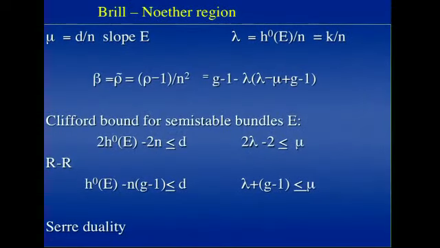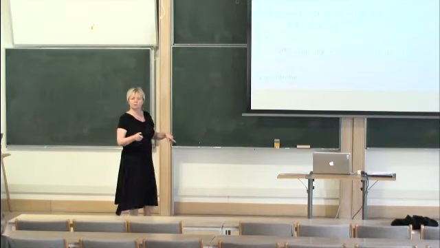And let me show you some pictures of how we visualize the whole problem. If we use the variables mu and lambda, so we divide by rank, and we try to make a picture that's independent of rank, then we can plot our expected dimension, and actually we would want to plot this thing equal to 0, so this would be some sort of hyperbola.